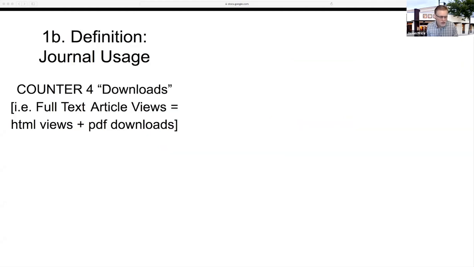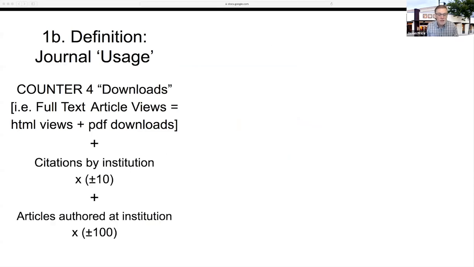So then turning to Unsub's definition of journal usage, we all know that the canonical definition of journal usage is its number of full text article views, or more colloquially, its number of downloads. Unsub expands this definition by including data on local citations and articles authored, with adjustable multipliers to determine the strength of their influence on that broader measure of usage.